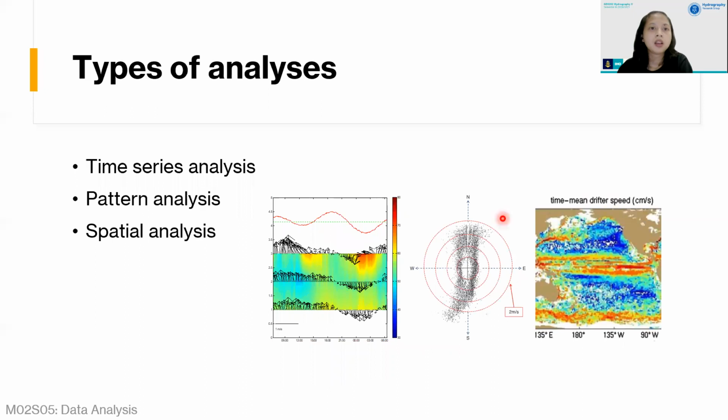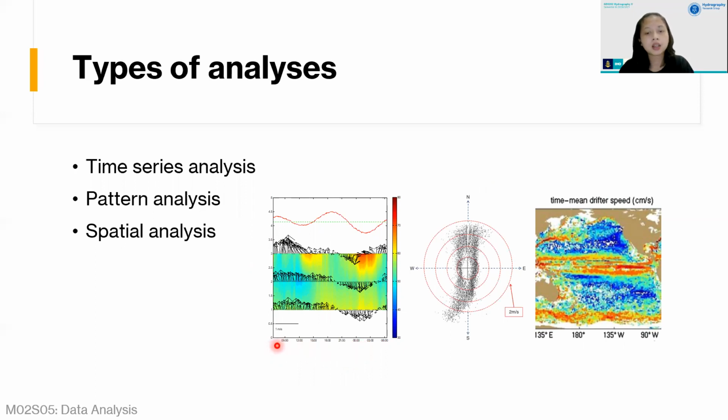You can see those parameters in three types of analysis. The first one is time series, which is basically an analysis over a specific period of time. It could be in hours, days, or even years.